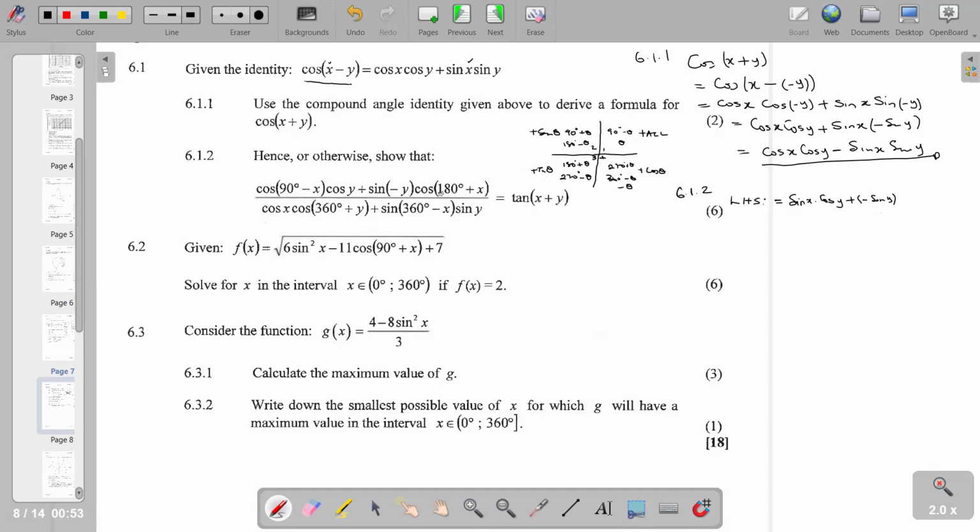What is the sign of cos in the third quadrant? It's negative. Then is the ratio going to change or not? Since we do not have 90, it's 180, so our ratio is not going to change. It's going to be negative cos x, all over, we are going to have cos x there.